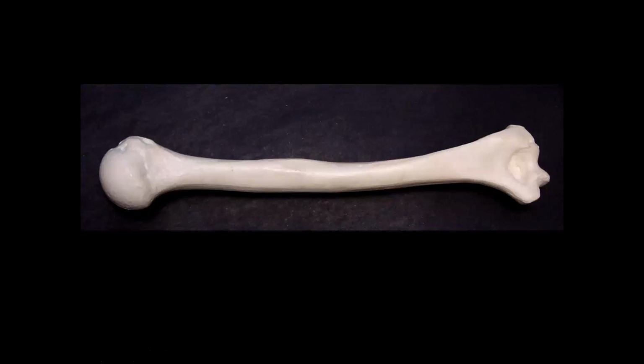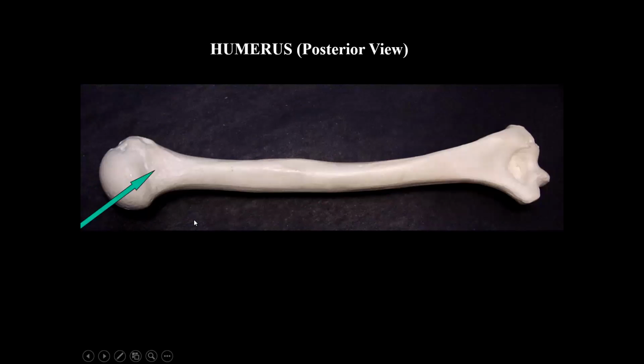Now, if we flip this over and look at the posterior surface, again, there's the head. That's still going to be on the medial side. This bump right here is the deltoid tuberosity, by the way. This depression, this fossa over here, is called the olecranon fossa.